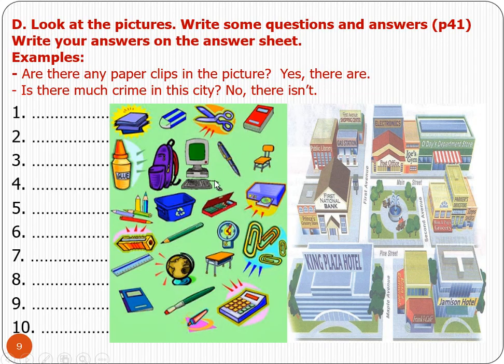And next, I would like you to look at these pictures. Write some questions and answers. You can also look at your textbooks on page 41. And you can write your answers on the answer sheet. For example, are there any paper clips in the picture? You can look at this. Yes, there are.